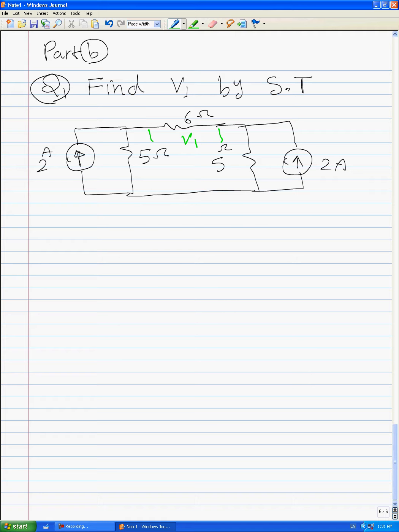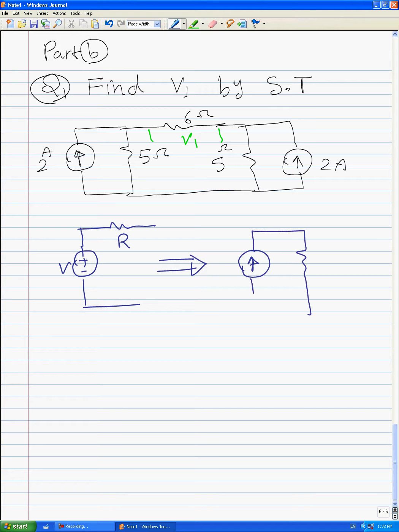Okay, let me explain source transformation method. This technique says if we have a voltage here and a resistor here, we can transfer or change this voltage and resistor to current source like this.